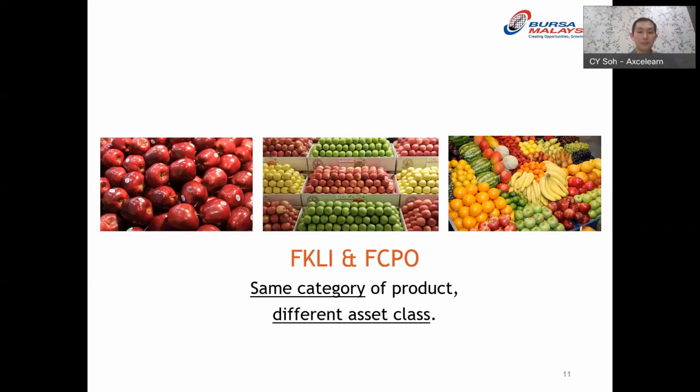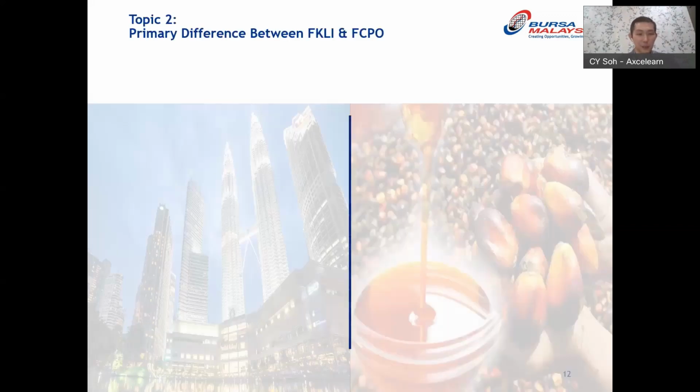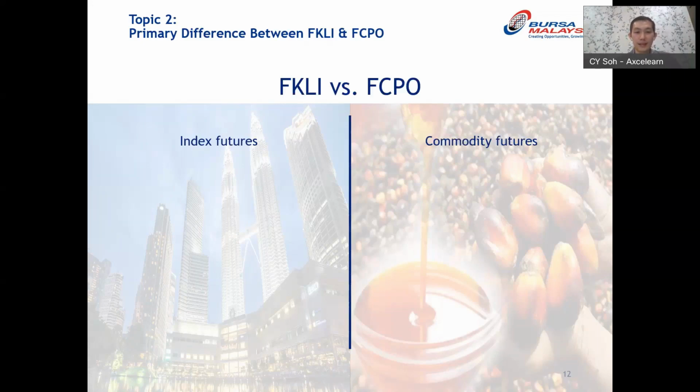So here, let's look at the differences between FKLI and FCPO. Here on the left hand side is the FKLI and the right hand side is the FCPO. So FKLI is considered as the index futures and FCPO is considered as the commodity futures.